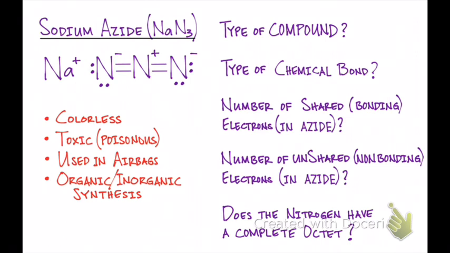And finally, does each nitrogen have a complete octet? So let's look at each nitrogen here. This nitrogen is essentially the same as this nitrogen right here. You have 2, 4, 6, 8, 2, 4, 6, 8. And then this nitrogen in the middle also has 8 valence electrons. 2, 4, 6, 8. So yes, they all follow the octet rule.